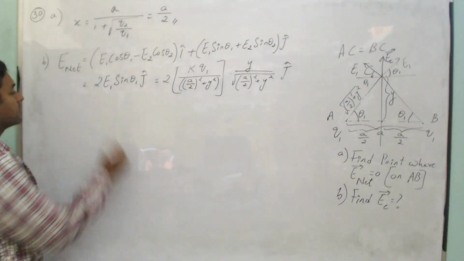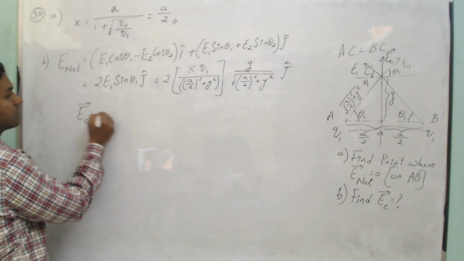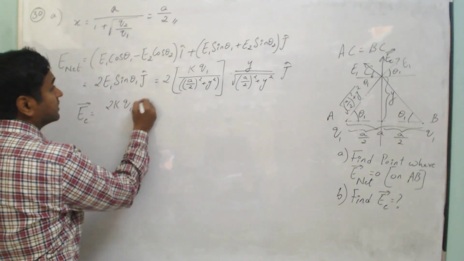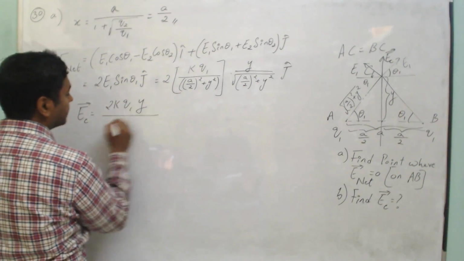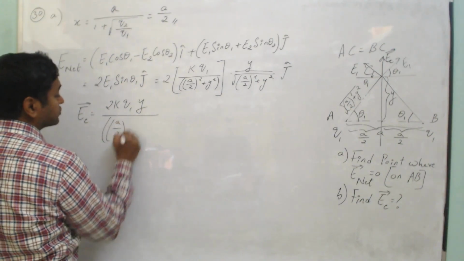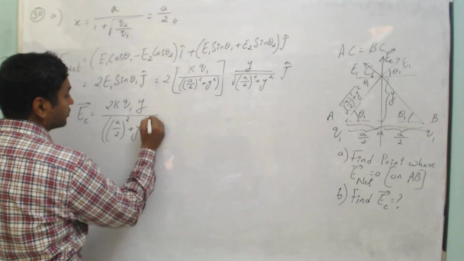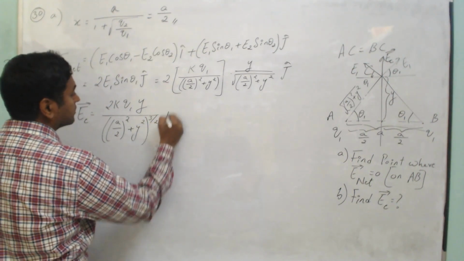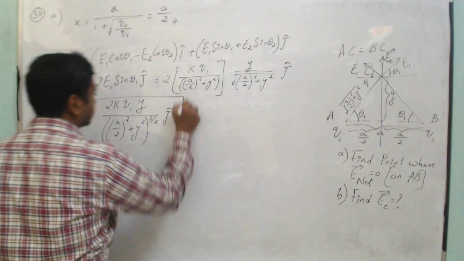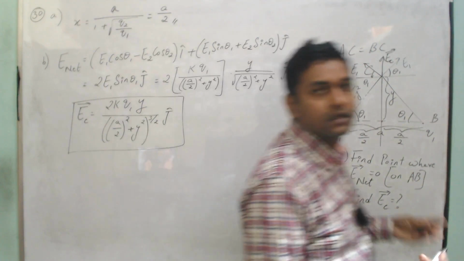So therefore, EC bar is equal to 2kq1y upon a by 2 whole square plus y square whole to the power 3 by 2 j cap. Is this clear? Easy.